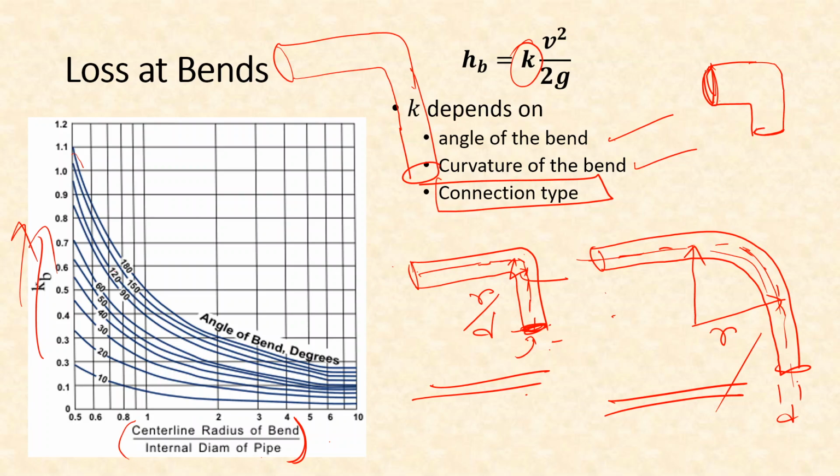These kind of connections are available, elbow joints they are called, and they are connected to two different pipes. So in this case, because the inside of this joint is not completely flush with the inside of the pipe, some more loss will be happening inside, some more turbulence will be caused, and therefore the value of K will increase.